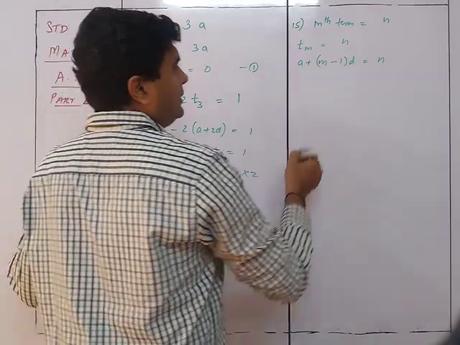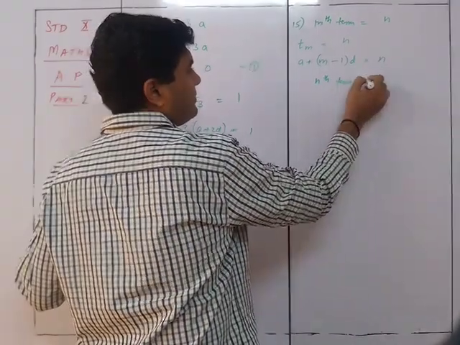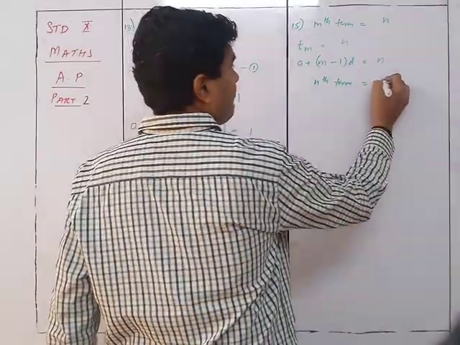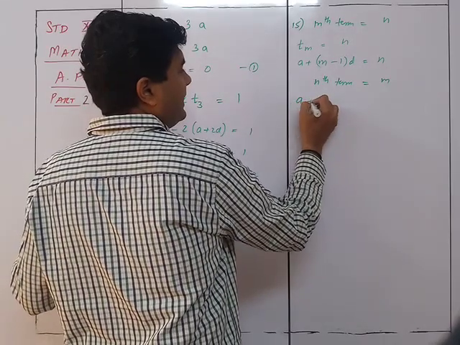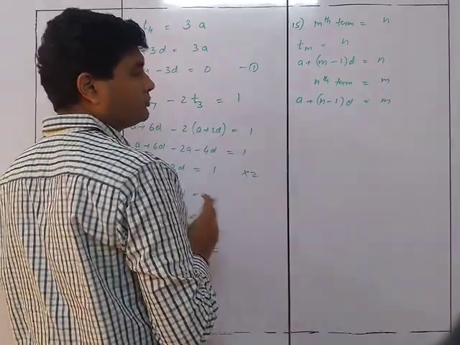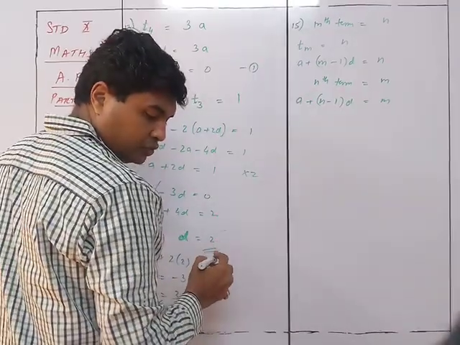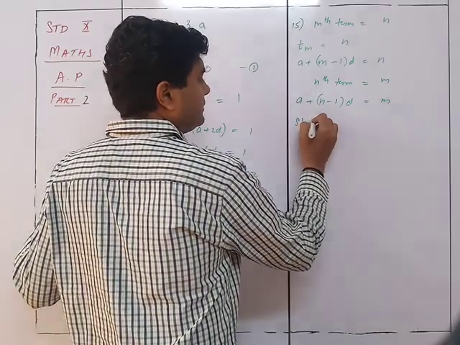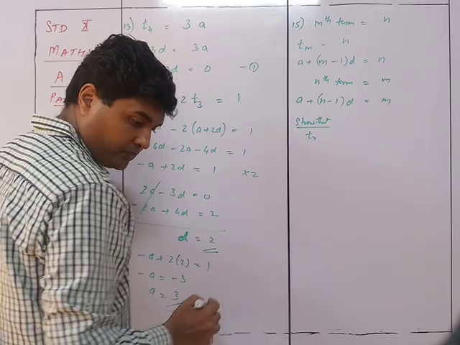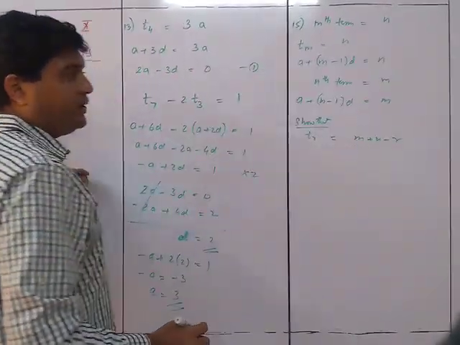Next, the nth term is equal to m, so A plus (n minus 1) into D is equal to m. We need to show that Tr is equal to m plus n minus r. That is what we need to prove.